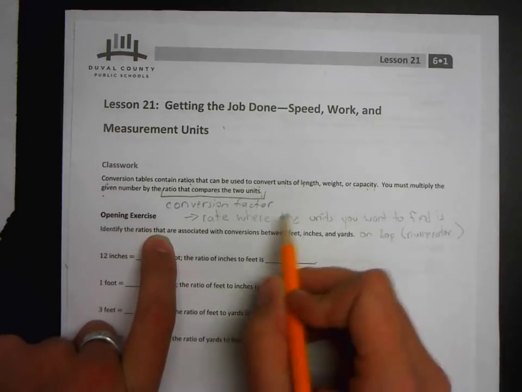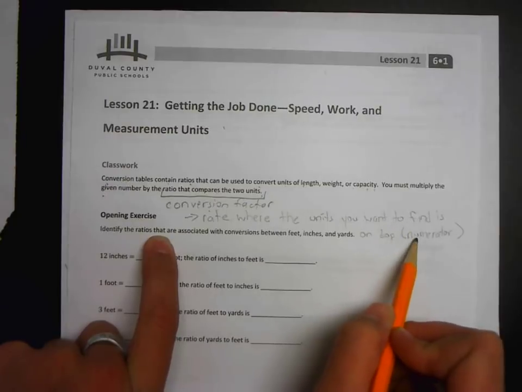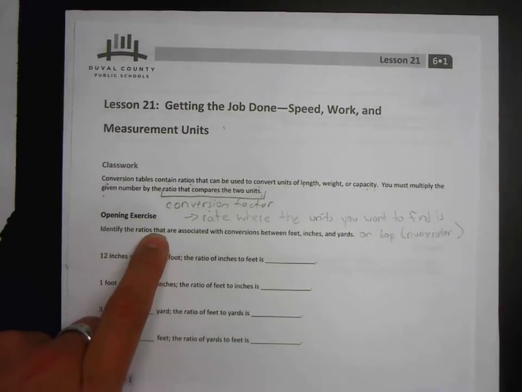Make sure you have this written: the conversion factor is also a rate where the units you want to find is on top, or our numerator. It should be on the top of your conversion factor. And again, we'll go through examples so you'll see exactly what I'm talking about.